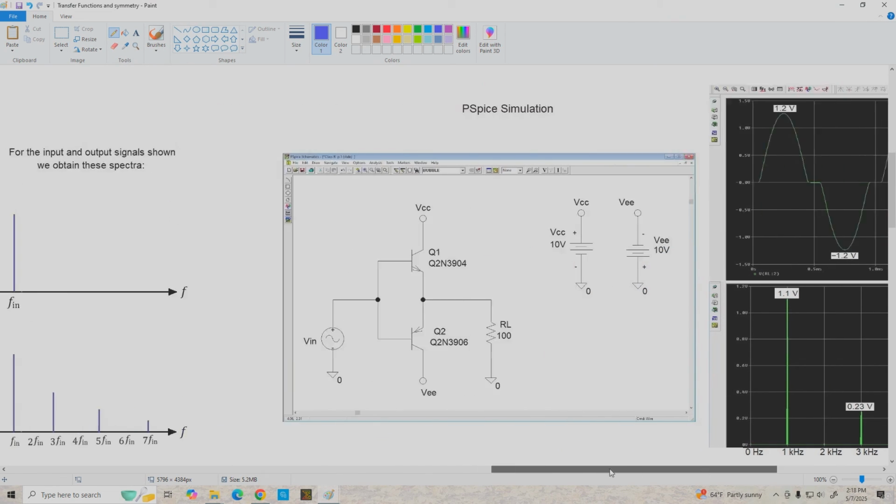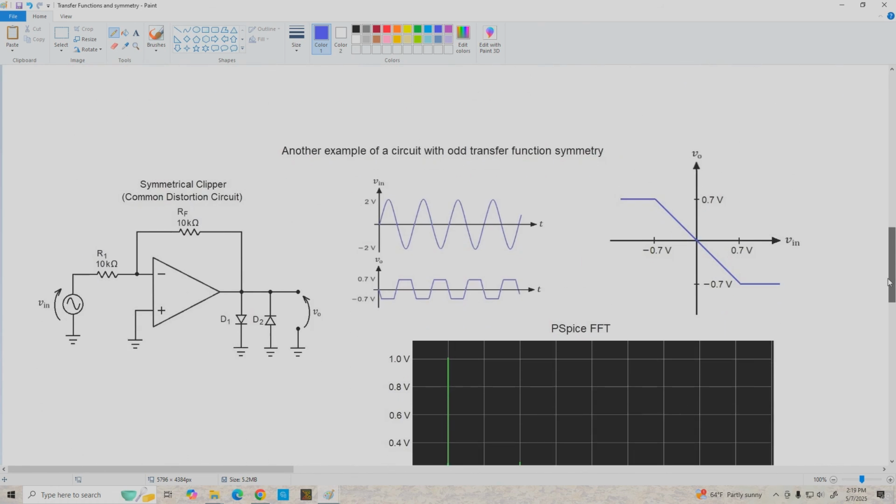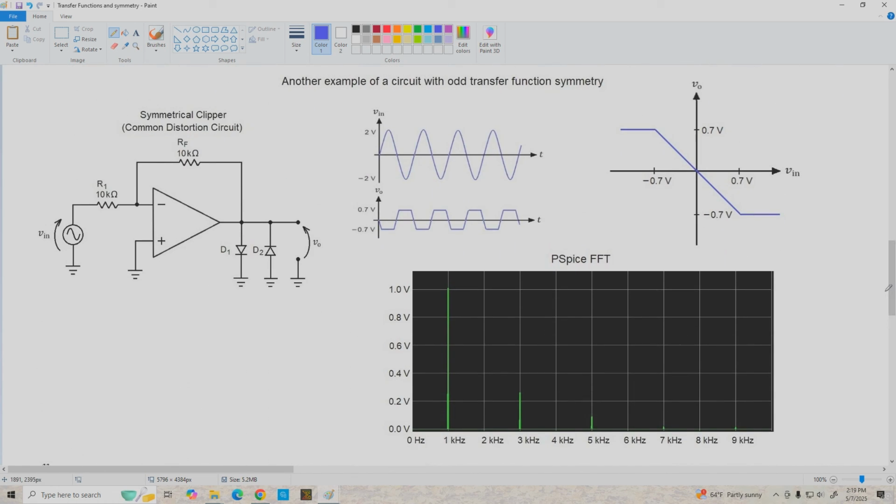Now let's take a look at another example of a circuit with odd transfer function symmetry. The circuit we've got here is pretty typical of what you'd use to implement a distortion effect. We have an inverting op-amp with a gain of -1 driving a diode clipper that limits the output voltage to about plus or minus 0.7 volts.